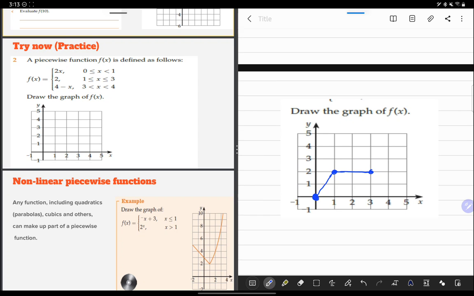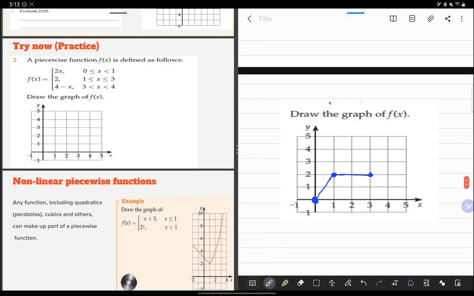Okay, from greater than 3 up to 4, but not including 4, is 4 minus x. So cool. 4 minus x, if it's 3, it's 4 minus 3. That's here, but it doesn't include it, so that's an empty circle there.